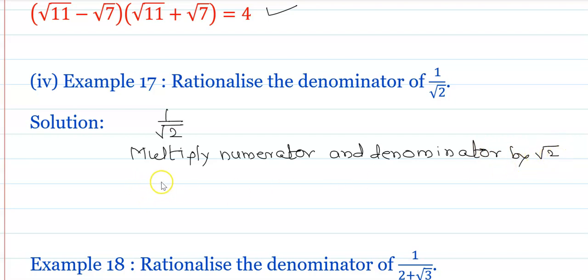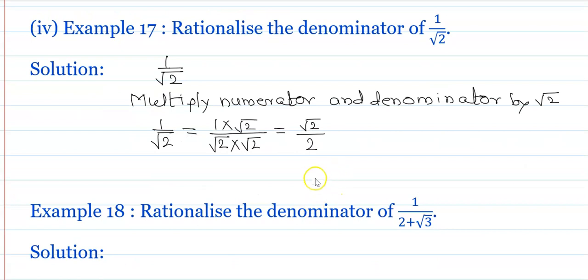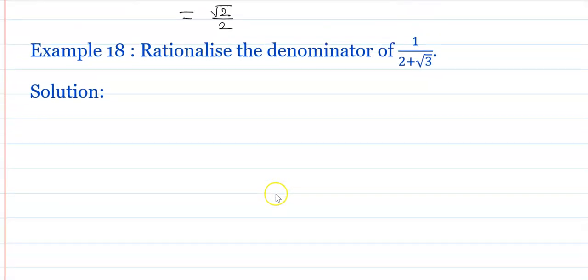Okay, and therefore here 1 upon root 2, if we multiply with root 2 into root 2, you will get 1 into root 2, it's a 2, root 2 into root 2. Okay, and therefore here the denominator is rationalized, and that's equals to root 2 upon 2.